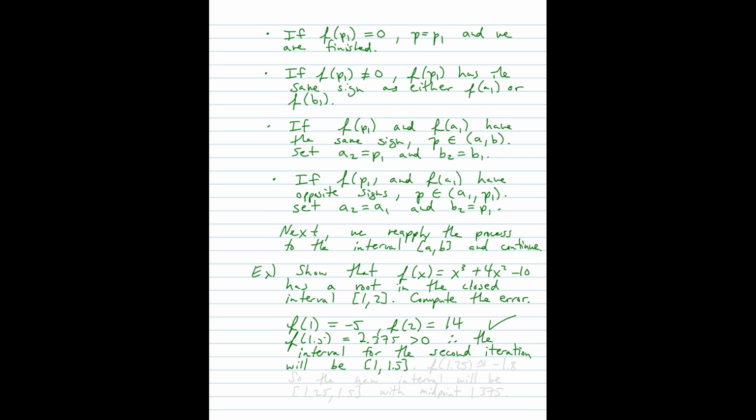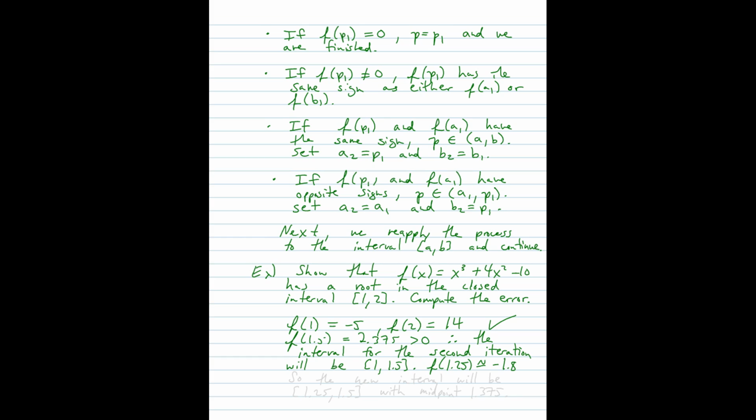The reason is that 2.375 is greater than 0, so our interval will be a, comma, midpoint. The next step is to take the midpoint of the new interval, which is 1.25, and evaluate the function. That's approximately minus 1.8.